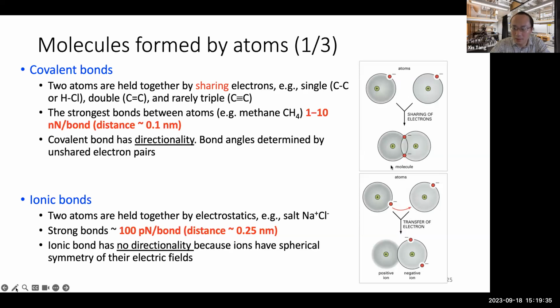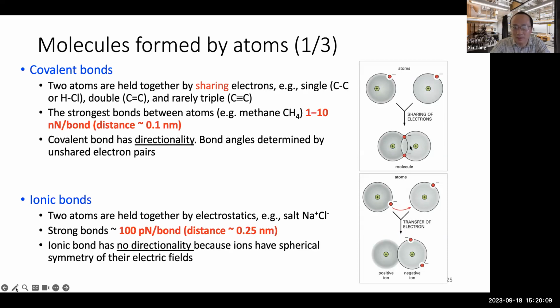So on each atom's orbit they have 2 electrons: one from their own, another shared by the neighbor. Then these 2 shared electrons stay in a relatively constant position. They cannot rotate anymore. They are attracted and form a dipole here. They stay relatively stable. This is actually a single bond.